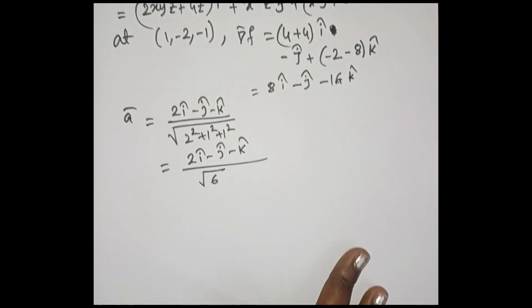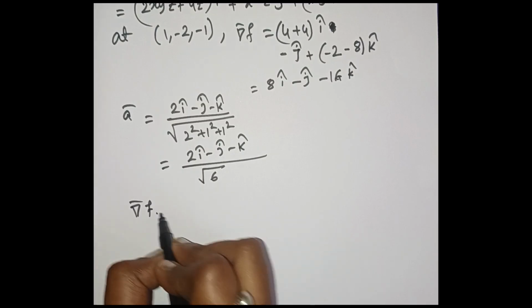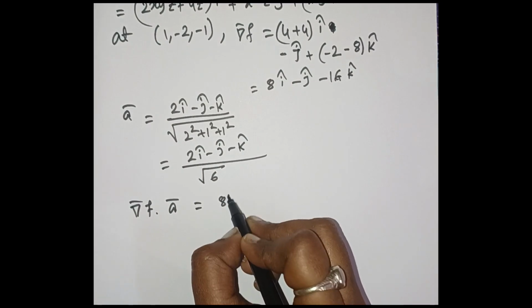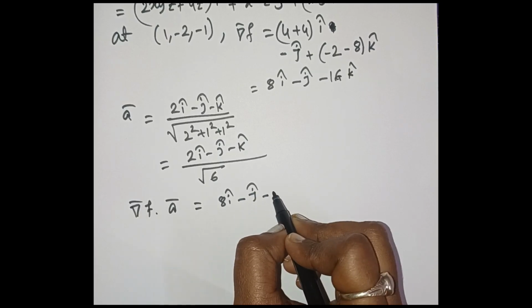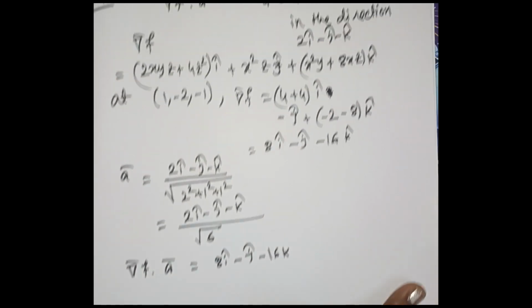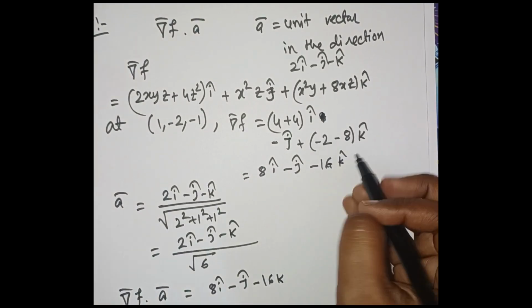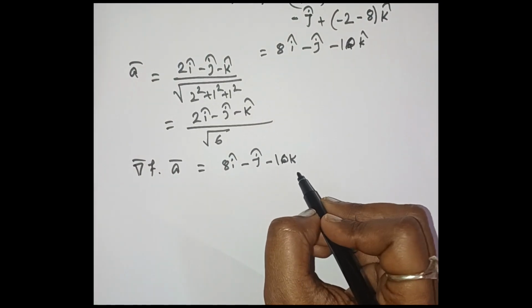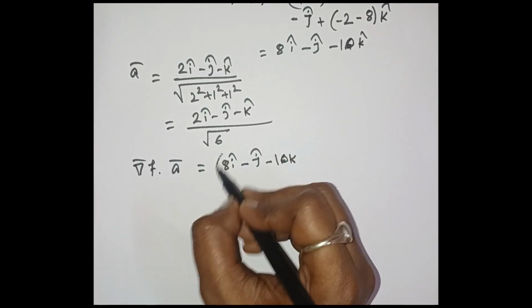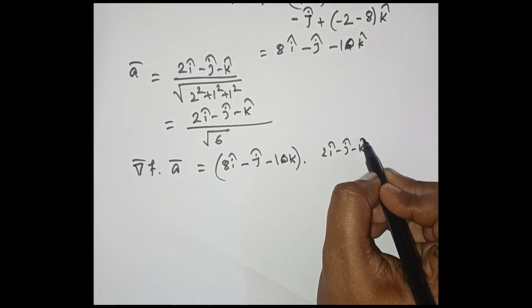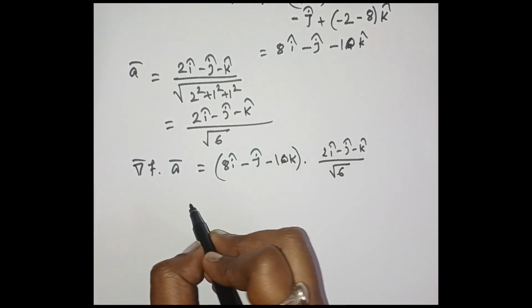So we have to now calculate grad f dot a vector, that is 8i minus j minus 16, no, not 16, this is 2 minus 2 minus 8 means 10, so minus 10k, dot 2i minus j minus k by square root of 6.